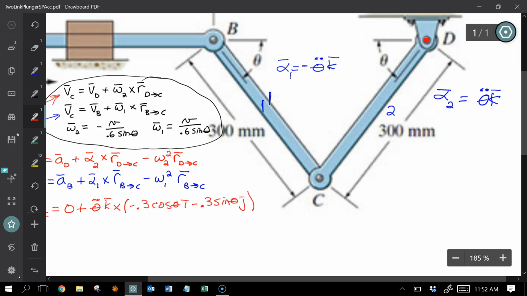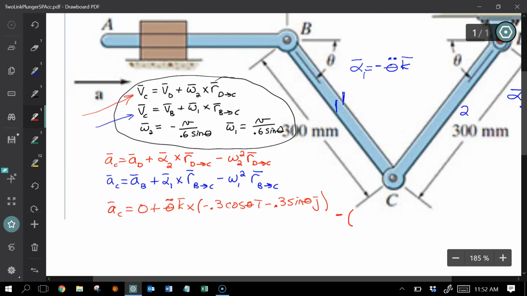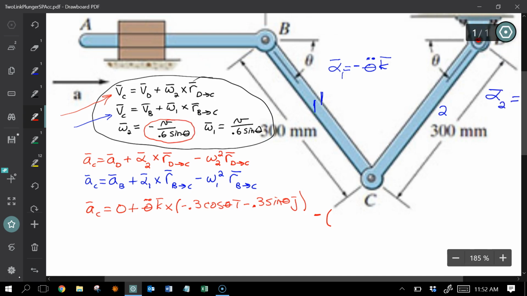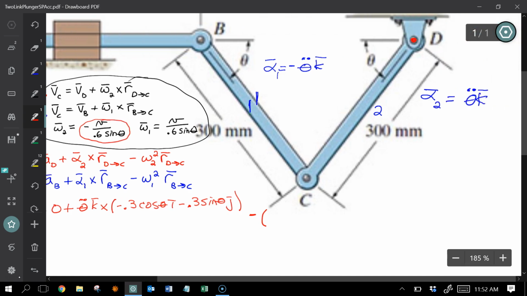Okay, and then you have this other term, minus omega squared, so that'll be minus the omega of body 2, and we solved for it before. That's this term right here. So I'm going to square that. So the negative sign, when you square it, comes out positive. V squared over 0.6 sine theta.